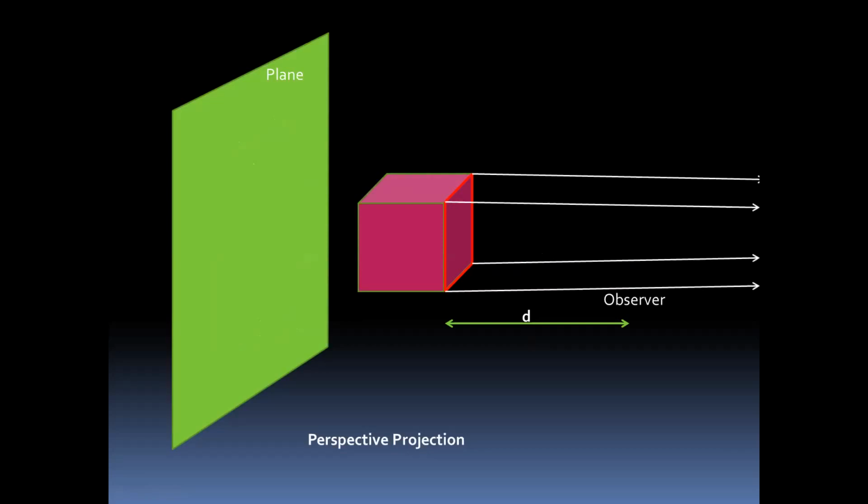Suppose the observer is standing at some infinite distance. This is just an imagination. From that distance, if the observer observes this rectangle, then the image that is projected on the screen will have the same size as the actual size.